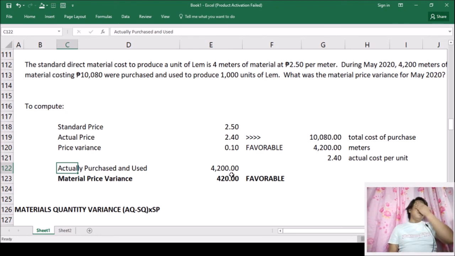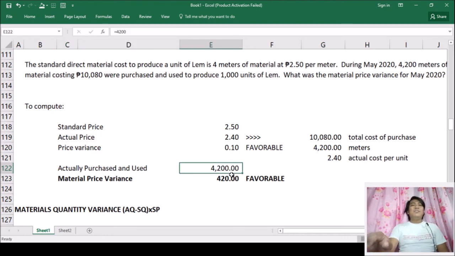Unless the problem clearly stipulates that you need to determine the material price variance based on usage. In this case, the problem is nice because whatever was bought was also all used. That is why I put the term actual purchase and used, of 4,200.